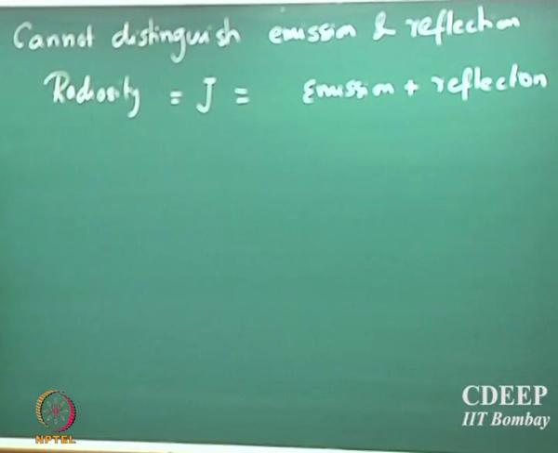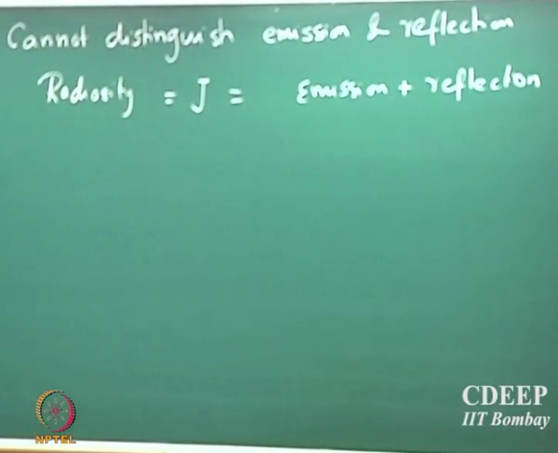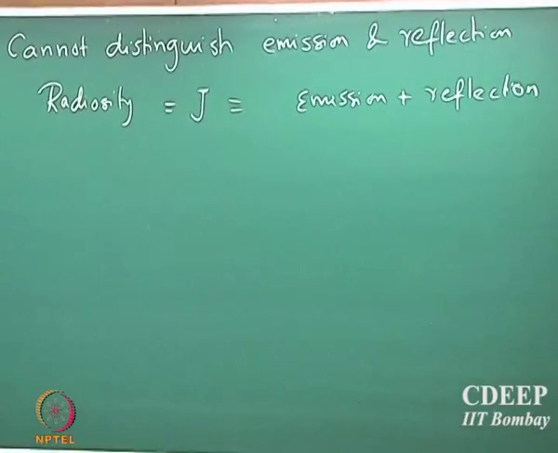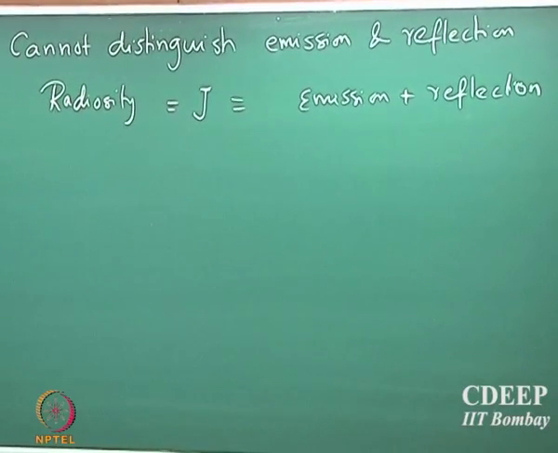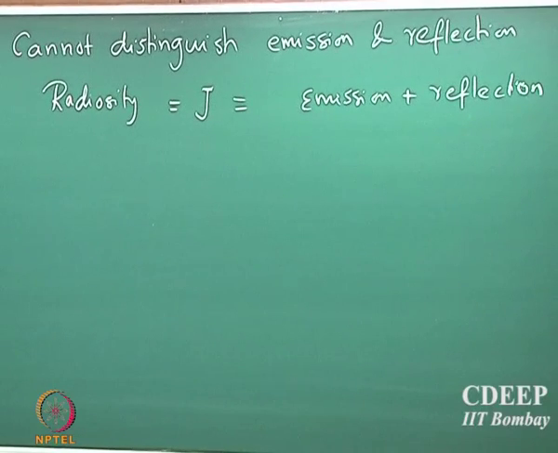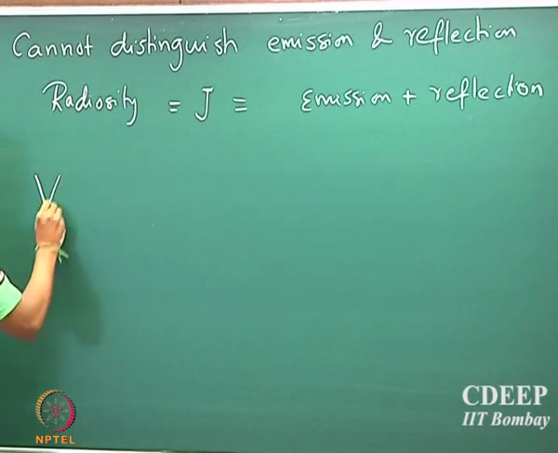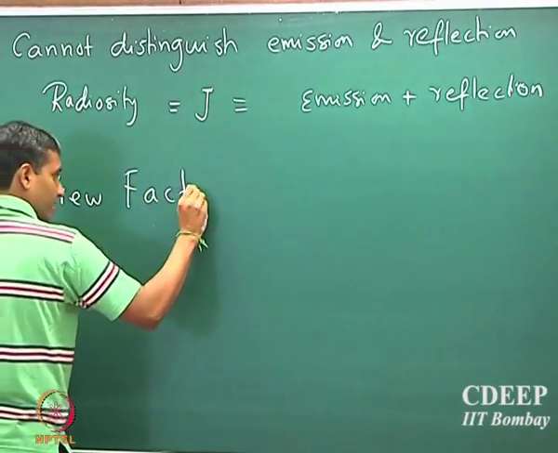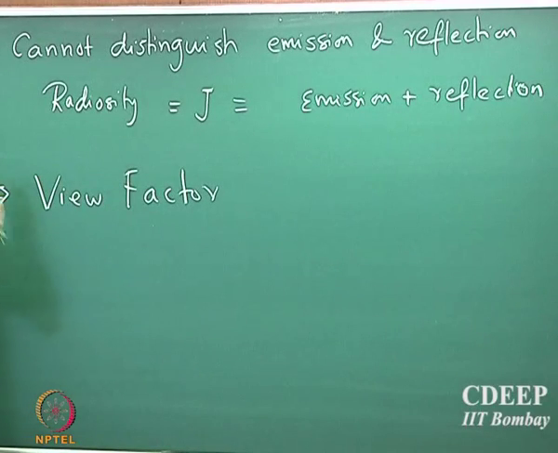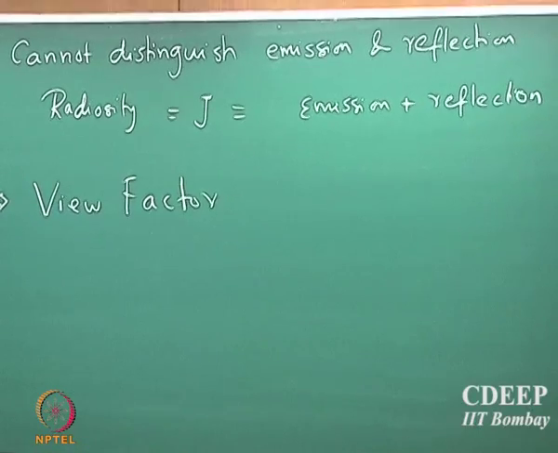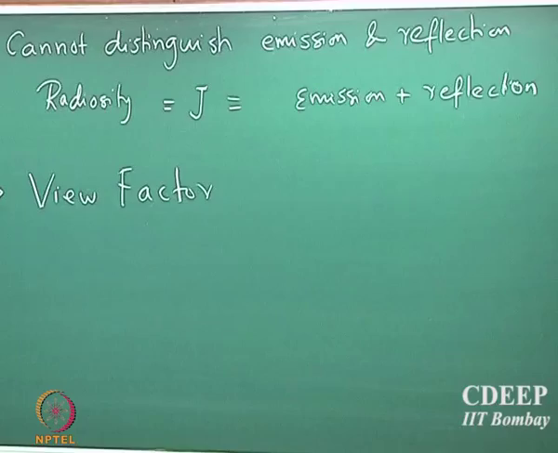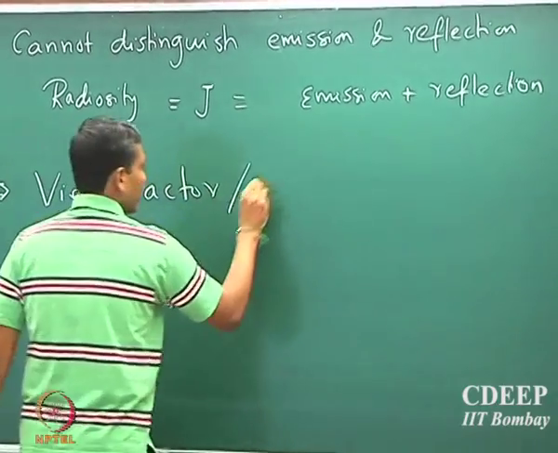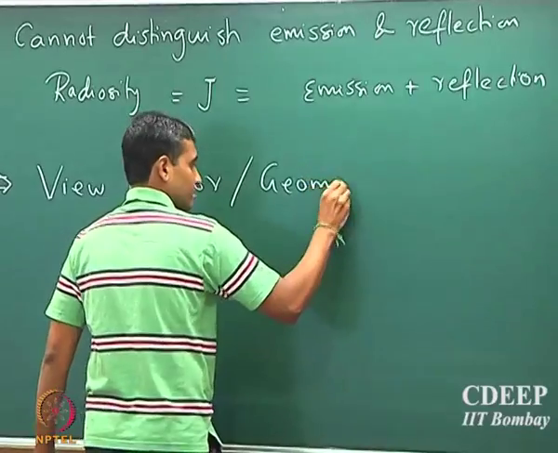Okay, so with this definition, the first aspect we are going to look at in today's lecture is how to characterize orientation geometry. So we need to define what is called a view factor, or it's also sometimes called a geometric factor.